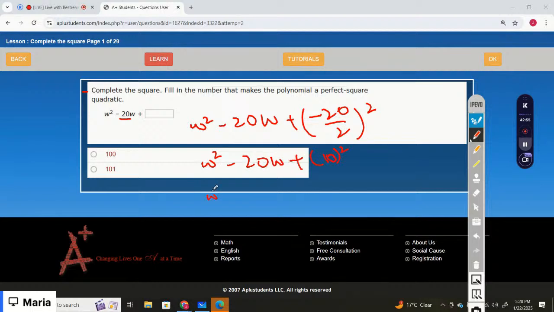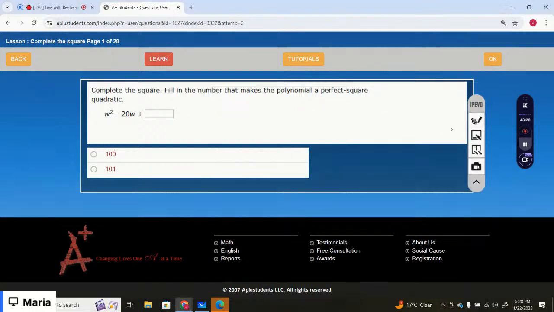That is w square minus 20w plus 100. Option number 1 is the correct option. That is 100.